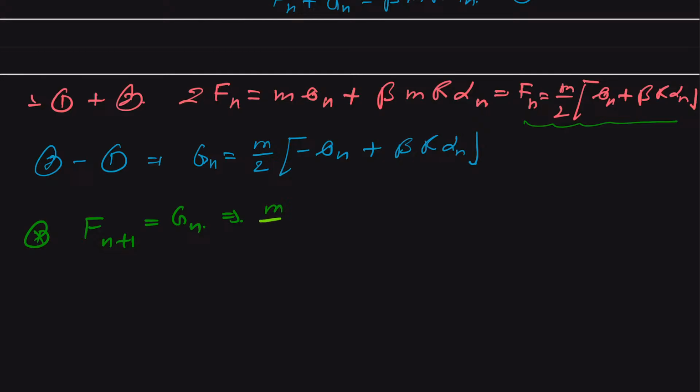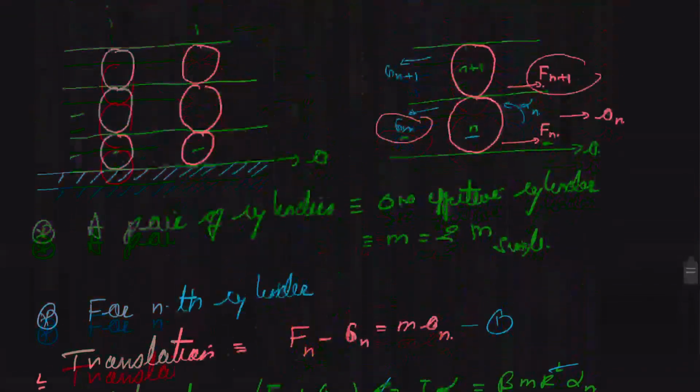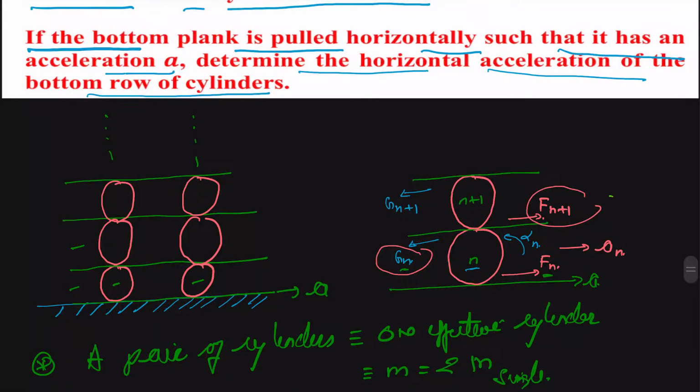So we can say this as m by 2, and for this acceleration we can call this a n plus 1 plus beta r alpha n plus 1. So here also we can assume that it is moving in this direction with the acceleration of a n plus 1, and the angular acceleration is alpha n plus 1.